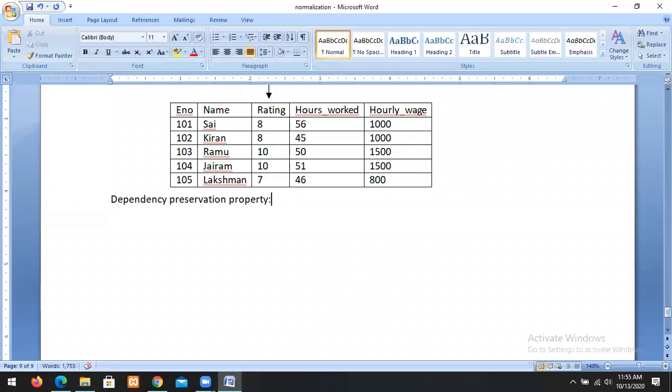This property enables us to enforce any constraint on the original relation by simply enforcing some constraints on each of the smaller relations. That's what we call dependency preservation.